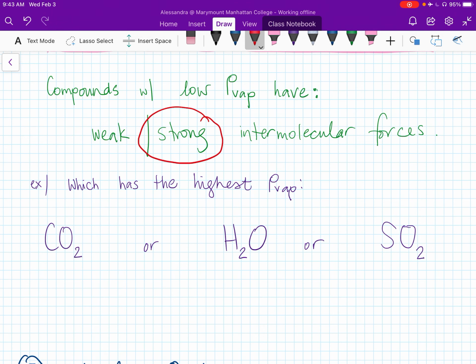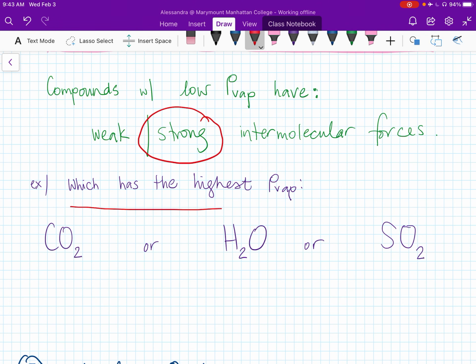So low vapor pressure corresponds to stronger intermolecular forces. Conversely, the higher the vapor pressure, the weaker the intermolecular forces. And this is because strong intermolecular forces encourage molecules to remain in the liquid state because they're more attracted to each other.